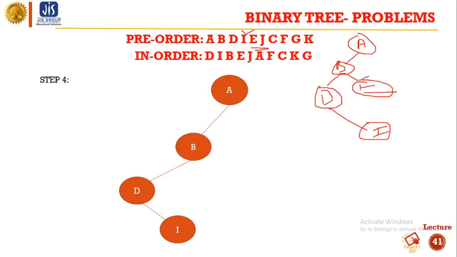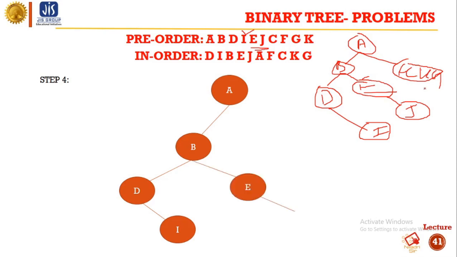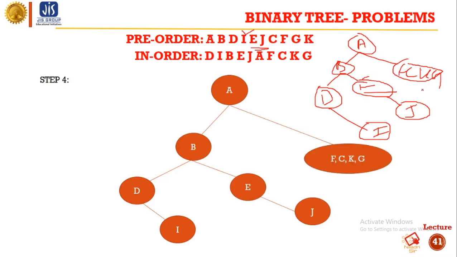So this is E, and J is on the right hand side. And here it will be FCKG. So this is E and this is J, and the right side of A is FCKG.